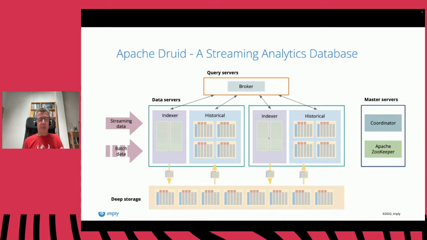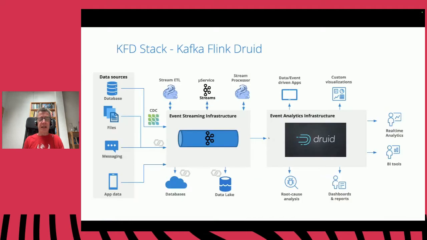And if you put Kafka, Flink, and Druid together, you can create a great streaming architecture that looks like this. So you would have all your data sources that are here on the left. And usually, if you build an enterprise architecture, then you would have all kinds of databases and files and streams and what have you that you could collect into Kafka as a central nervous system.